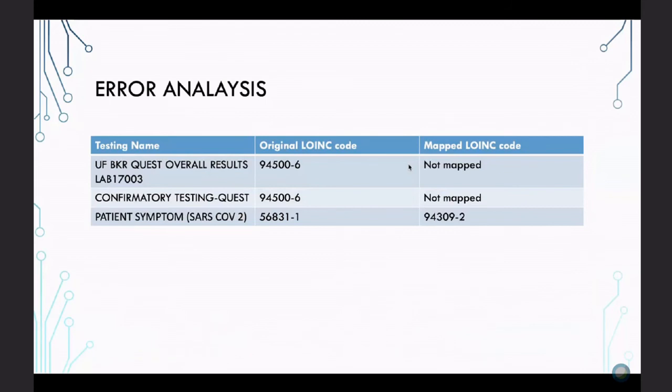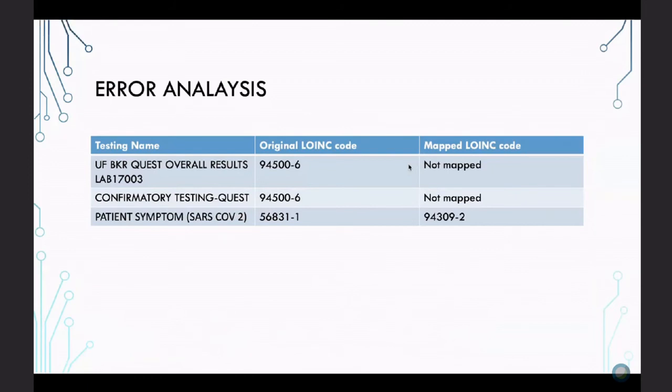In the future, we may lift this constraint if we assume that all the test name inputs in our system are COVID-19 related. For the third one, the code 56831-1, the original local test name was patient symptom SARS-CoV-2.